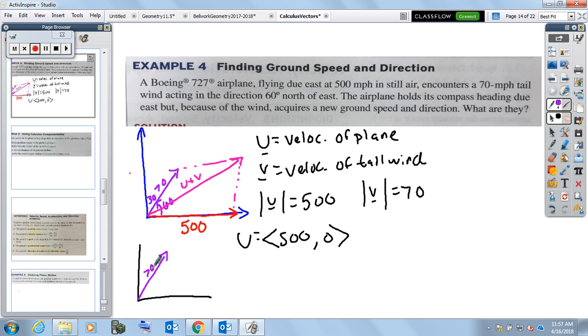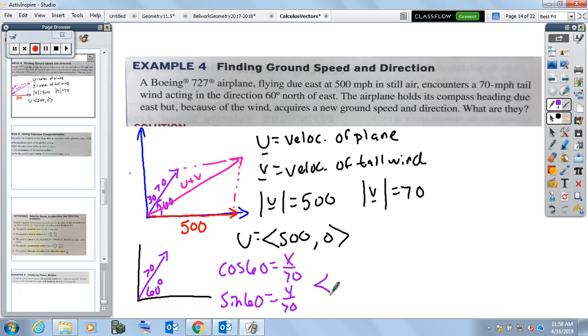Well, finding u was pretty simple. It was 500 units to the east, and they didn't go anywhere up or down. And so now the concept is, to the right how many units and up however many units? Well, now we're thinking about what we talked about using our thoughts of cosine and sine. Because remember, in this example, the cosine of 60, and it's 60 in this case because we said that we are 60 degrees north of east, so cosine of 60 is equal to x over 70, and sine of 60 is equal to y over 70, which gives us the component form.